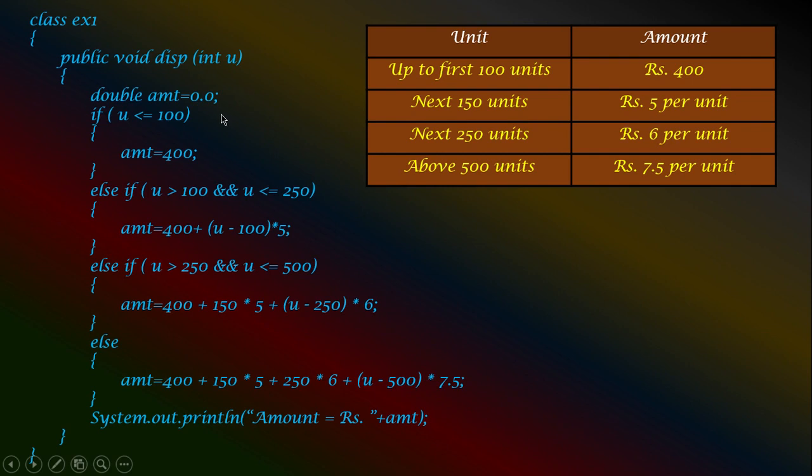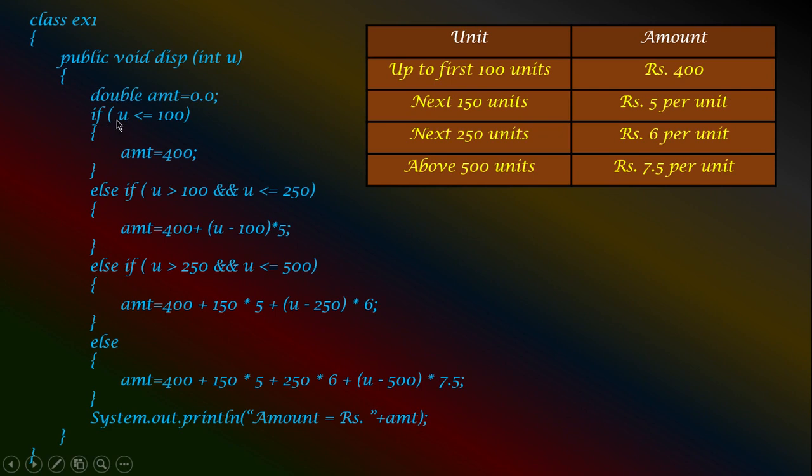Okay. So this program is a little bit different. So let us see how different it is. It is told that for the first 100 units my price is 400. So 400 is the basic charge that you have to pay whether you utilized only 1 unit or you have consumed 100 units of electricity, your basic payment will be 400.